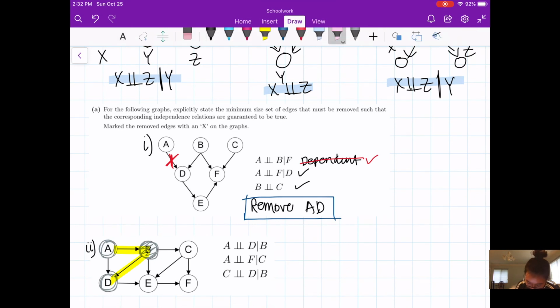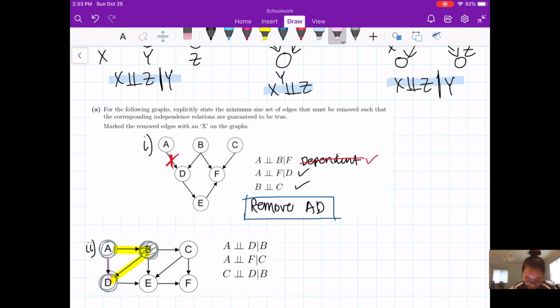But then we also have other paths to get from A to D. So here's an example where it is just A to D, and that shows that they are dependent, which is a problem because it will always be dependent on its parent.